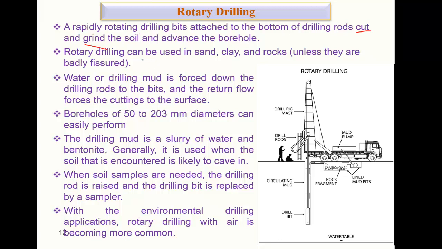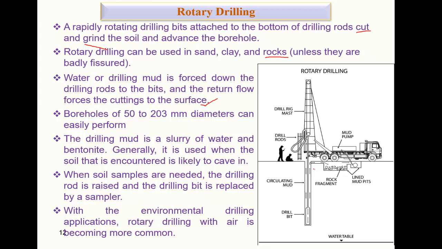Rotary drilling can be used in sand, clay, rock. Even for hard soil, rotary drilling is usually used. Water and drilling mud is forced down the drilling rods to the bits, and the return flow forces the cuttings to the surface.